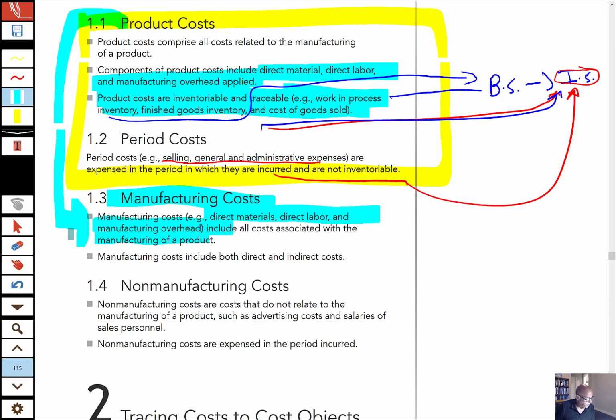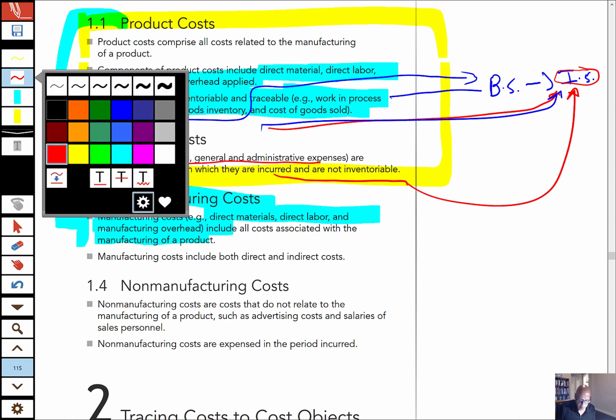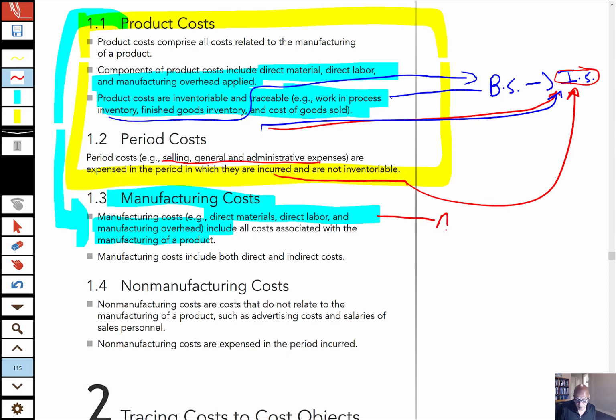Sometimes you feel a little bit like, how come I'm hearing the same thing twice, or the same terms being called something different? Well, that's because sometimes they call the same thing something different, and you need to know that. So you can call that AKA product cost. A rose by any other name. The manufacturing cost can also be called product cost, and product cost can also be called manufacturing cost.